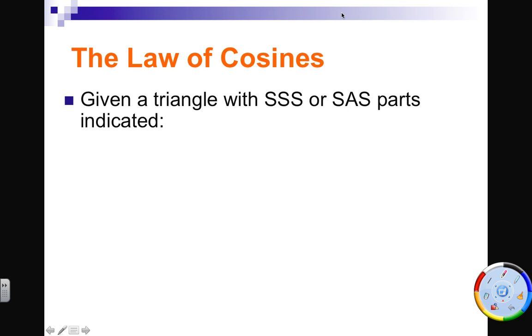Notice, I'm going to mention this so I never want to see it: AAA never works. If you remember, AAA from geometry represents similarity. That means if I told you you had angles of 30, 50, and 100, there's no way to tell me the side lengths of these triangles.